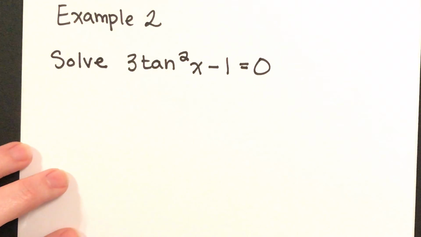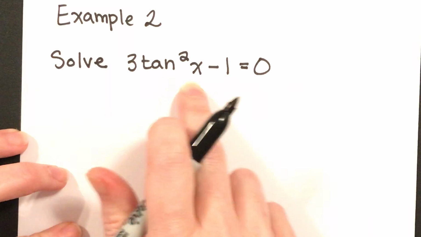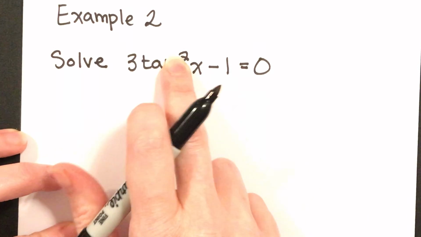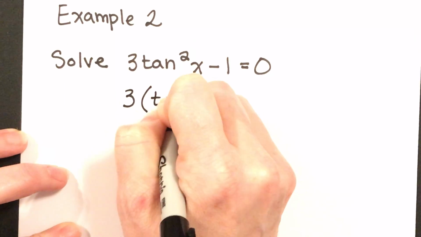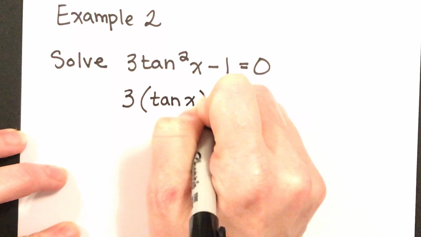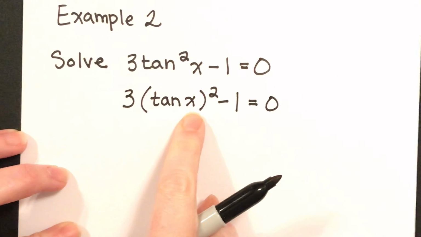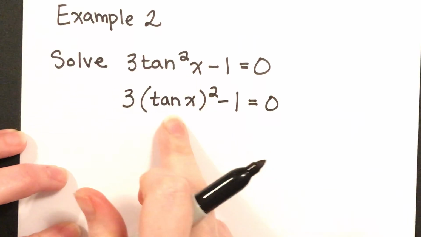Solve 3 tangent squared x minus 1. Again, we want to isolate the tangent x. Remember, when you see tangent squared x, this is the same as this. If it's helpful to you to rewrite it like this, you can do that. That might help make a little more sense for you if this is confusing. But those are the same thing.